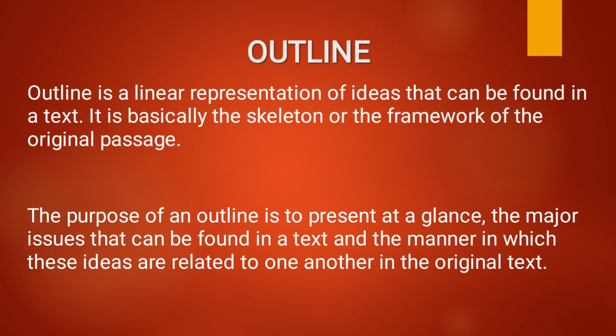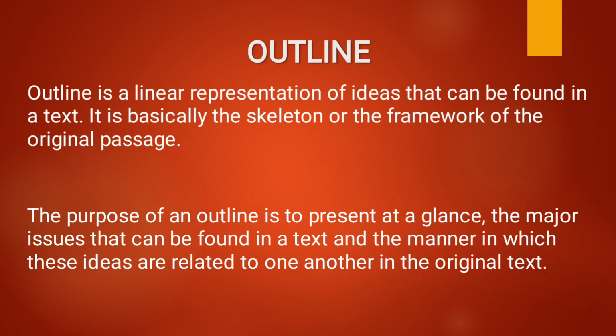As a result of this, the major issues that can be found in a text and the manner in which these ideas are related to one another in the original text must also conform to what has been written in the outline. What I'm trying to put across is that your outline must not be like Madagascar, which is an island that looks like it has been separated from Africa.